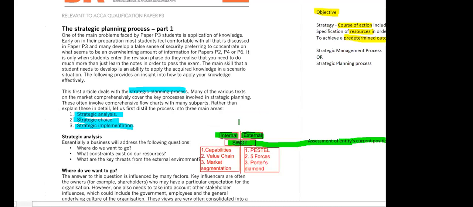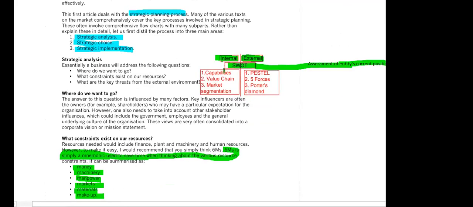So in analyzing your current position, to see what the strengths and weaknesses of an organization are, we first need to understand the capabilities of that organization. Does it have threshold capabilities or strategic capabilities?